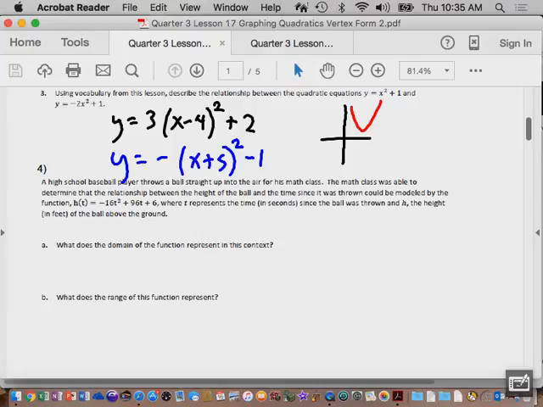So this is a ball being thrown. Is it possible to have negative height? No. So we're looking for where the ball goes from a height above 0 to 0. If you look very carefully at the table, you'll notice that the value at 6 is positive, and when you get to 7, it's negative.